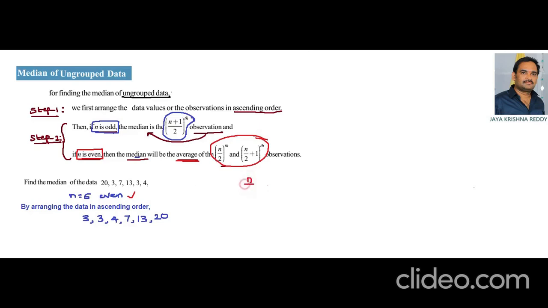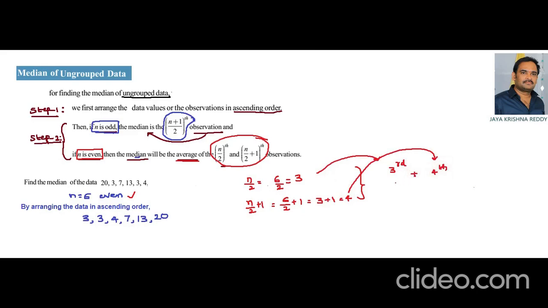The first one is n by 2, which is 6 by 2, that is 3. The next one is n by 2 plus 1, which is 6 by 2 plus 1, that is 3 plus 1, which is 4. That means the median is the average of the third observation and the fourth observation. Average means adding these two observations and dividing by 2.